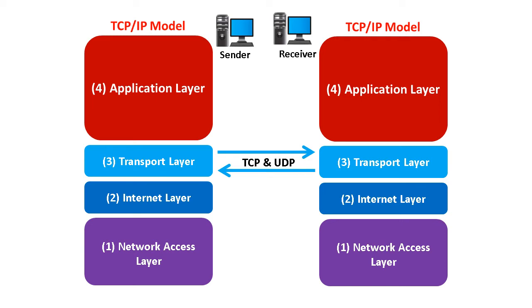Let us now discuss the transport layer. It is also known as the host to host layer. We have already discussed the application layer. The application layer is used by the end user, and after the application layer, the transport layer plays its vital and significant role. It is equivalent to the transport layer of the OSI model and is responsible for delivering the data.